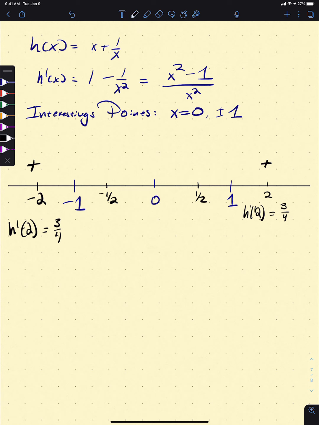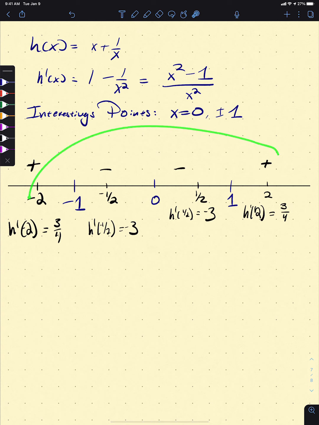And so when we subtract 1 from that, we see that h prime of 1/2 equals -3. And you can make a symmetry argument: h prime of -1/2 is also going to be -3 because this square is going to remove all of our negatives.